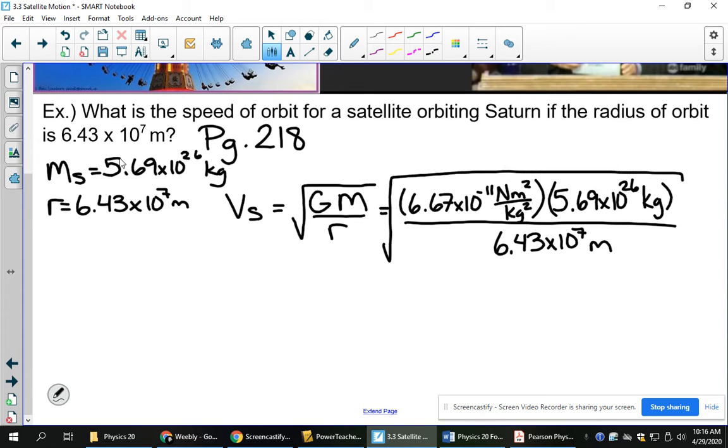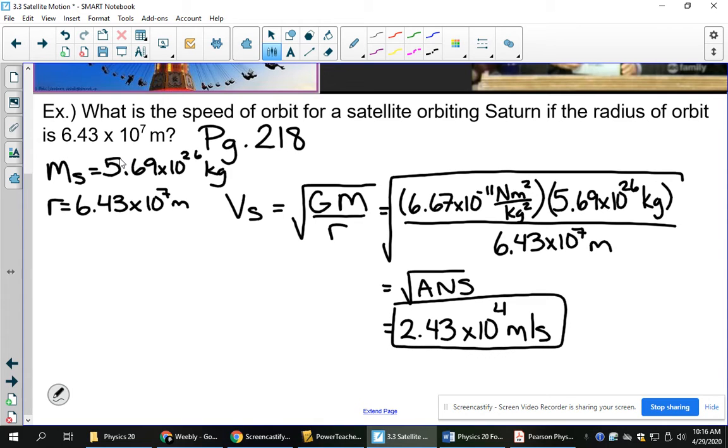And I'm going to square root my answer. Put this in your calculator exactly how you see it, with brackets, division, and do the middle first, and then you can just square root your answer. We've talked in class about how to do that on the calculators. And you should end up with 2.43 times 10 to the 4 meters per second. That's how fast that satellite is orbiting Saturn.